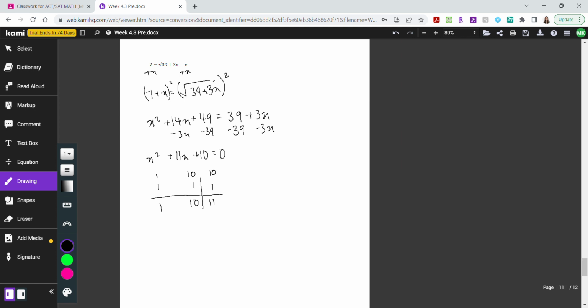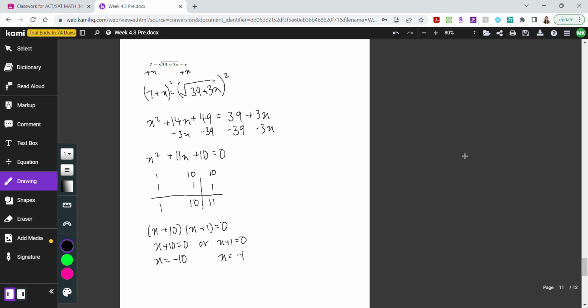Yep, that will work. So that means our factors are going to be x plus 10 and x plus 1 equals 0. So x plus 10 equals 0, or x plus 1 equals 0. We'll get x equals negative 10 and x equals negative 1.